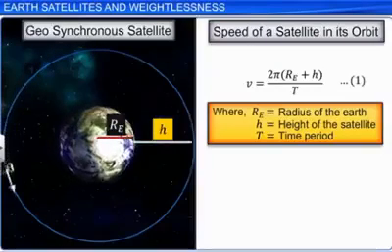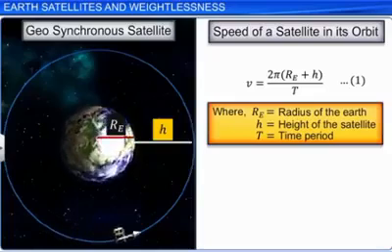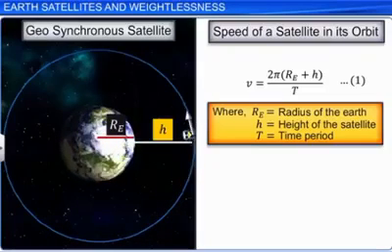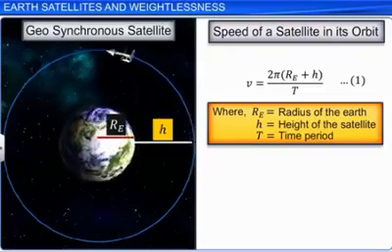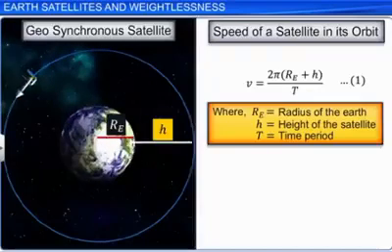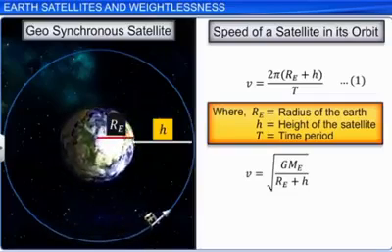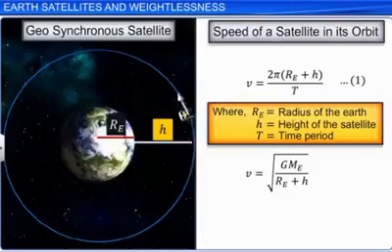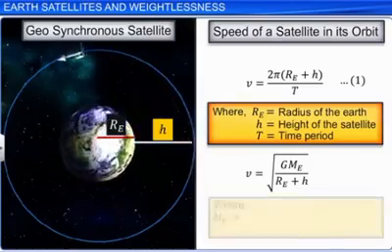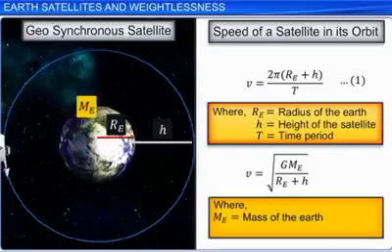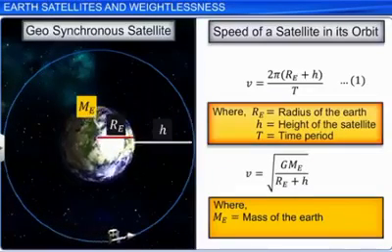The speed of a satellite in its orbit can also be obtained using the relation v is equal to the square root of G Me divided by (Re plus h), where Me is the mass of the Earth and G is the universal gravitational constant. Let this be equation 2.